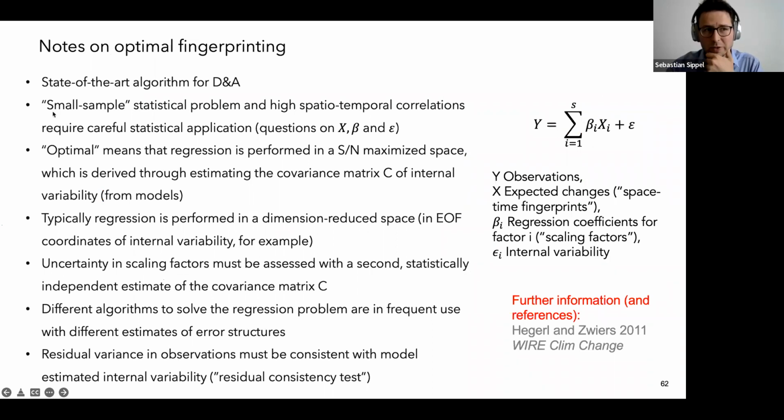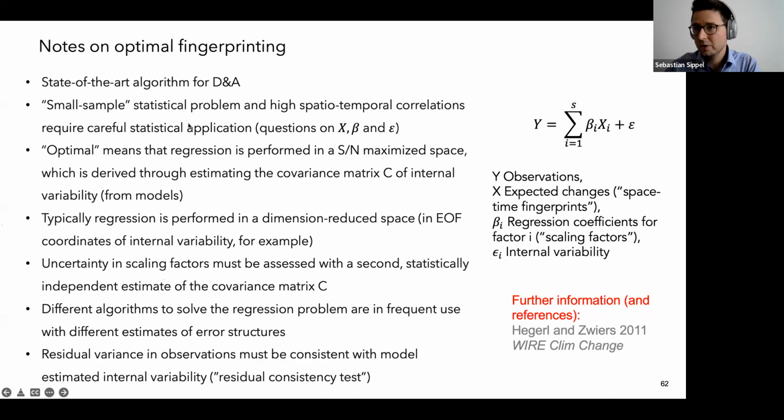One problem is that this is a small sample statistical problem, because we have a very large number of predictors, or a very large number of dimensions, because we have a very large number of locations across the globe where we have data from. And all these locations are highly spatiotemporally correlated in some way.